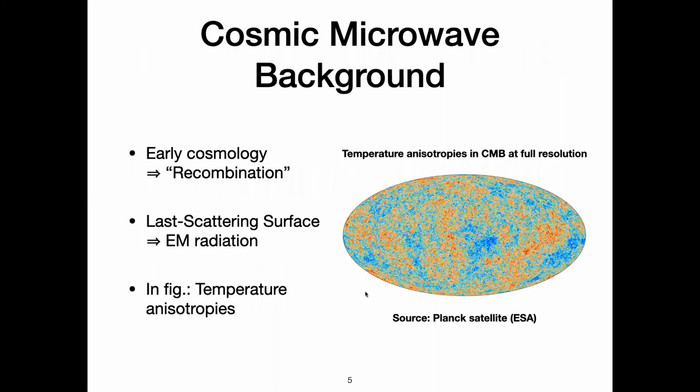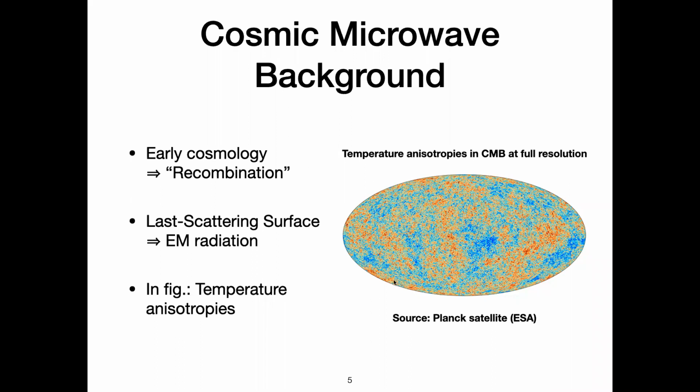The next introductory slide is of the cosmic microwave background. This is a background radiation formed due to some early cosmological process leading to the era of recombination. Recombination is when the charged electrons and protons bound to form electrically neutral hydrogen atoms.